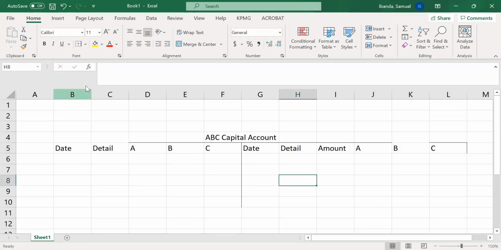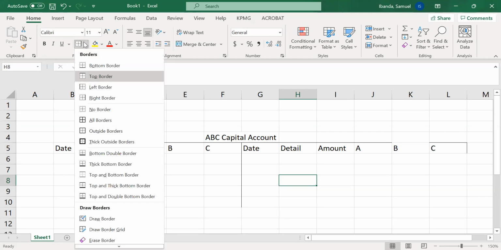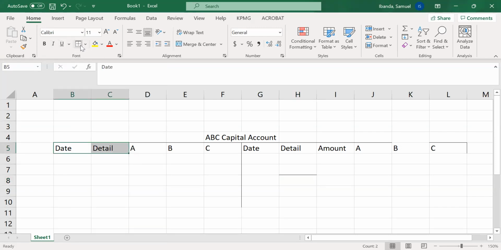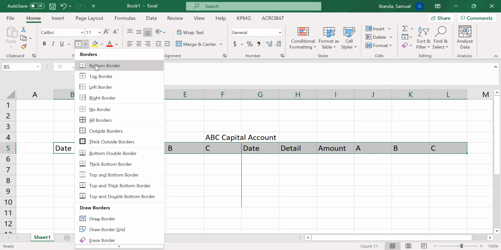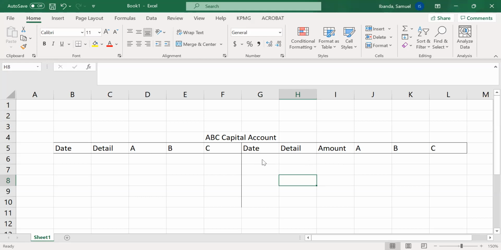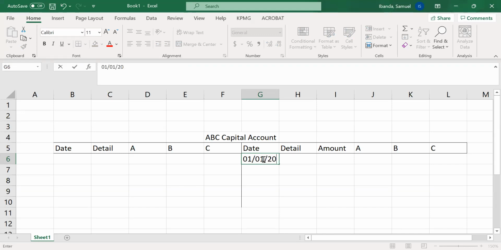You know very well that capital has a normal credit balance, and that does not change even when we are dealing with the capital accounts here. Capital continues to have a credit balance. Let's say the partners started business on 1st January 2022.